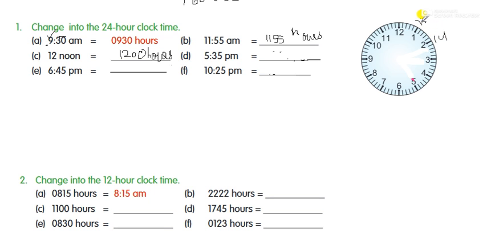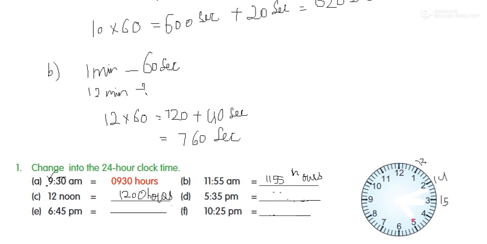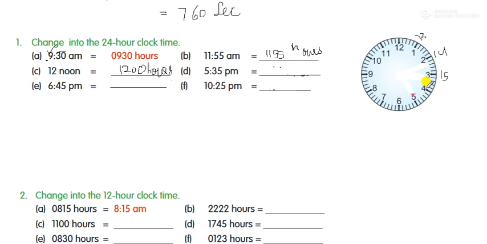For 1 we call it 13, for 2 14, for 3 15, for 4 16, then 17, 18, 19, 20, 21, 22, 23 and 24.